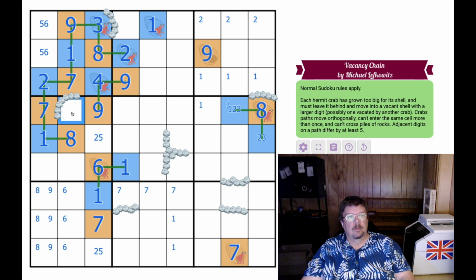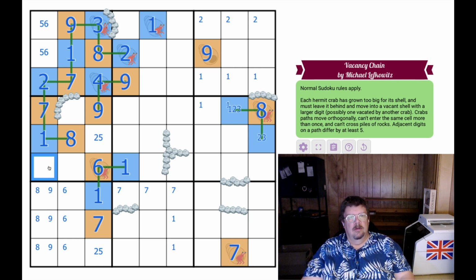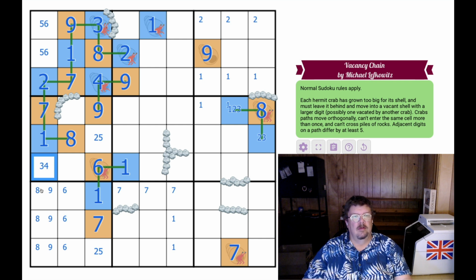Hmm. Well, I guess no, I don't know that means 4, because that could be a 4 and half go that way. Okay. So this is a 3 or a 4, right? Yes. That's 3 or 4.